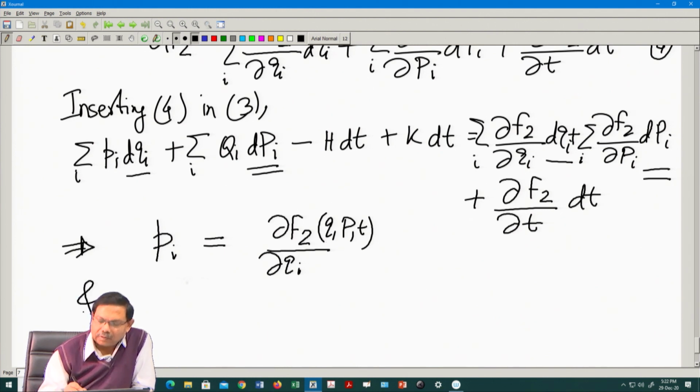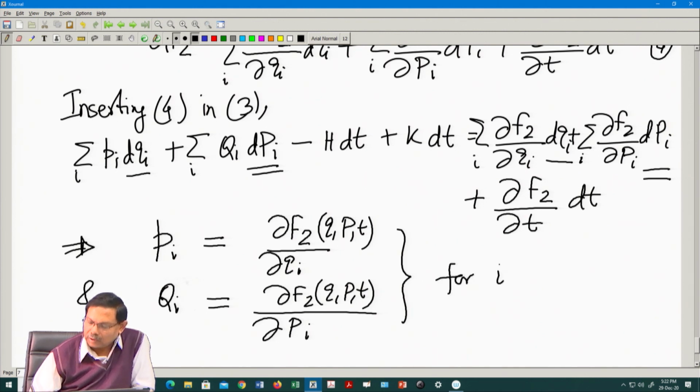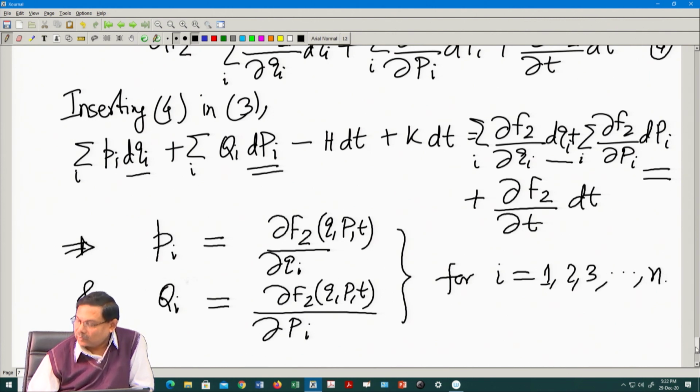And if we take the coefficient of dP_i, the new generalized coordinate Q_i would be the partial derivative of F2(q, P, t) with respect to P_i, for i equal to 1, 2, 3 up to n, right.